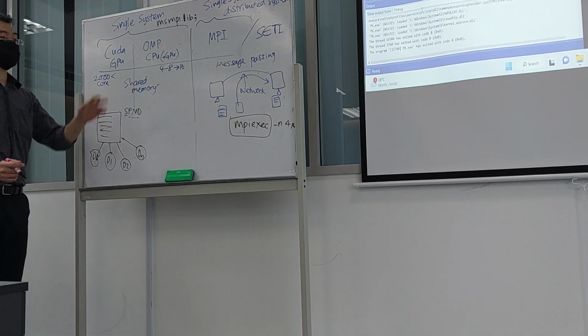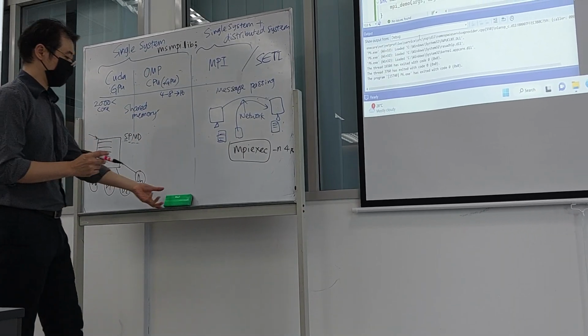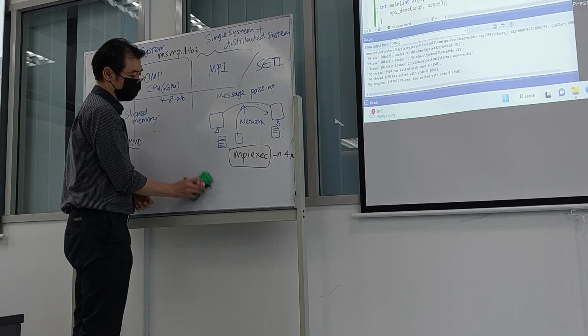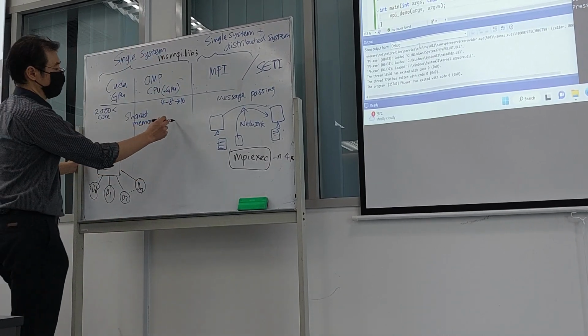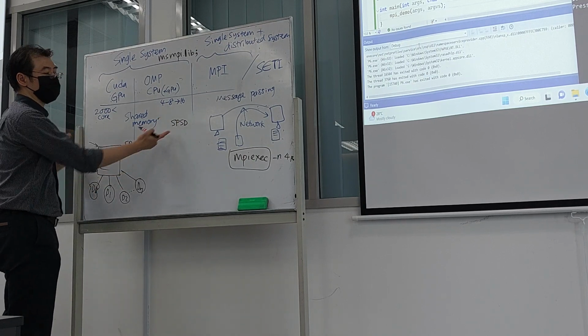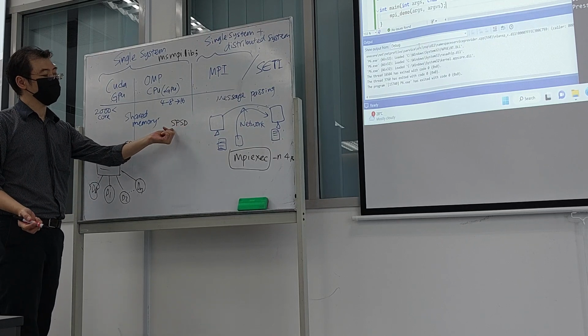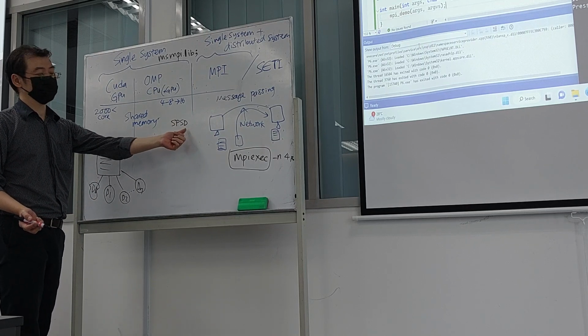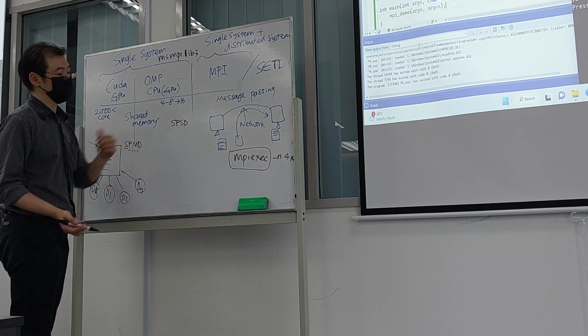But of course there are many different kinds of parallel computing. We have single program, single data. This is our old way of running a program: one program, one data, single processor, single process, single data.